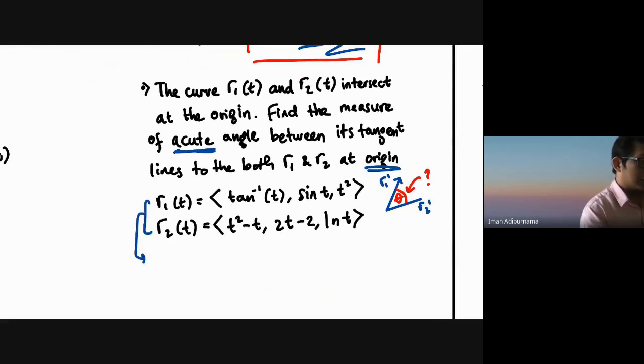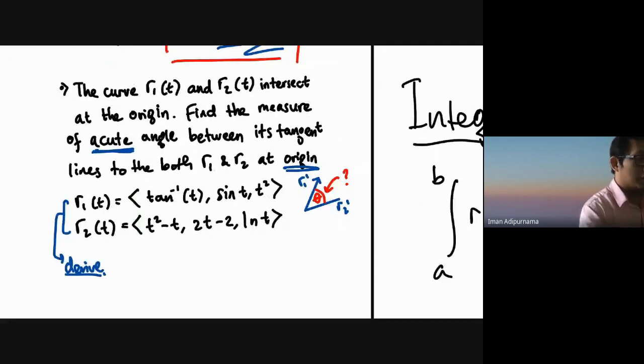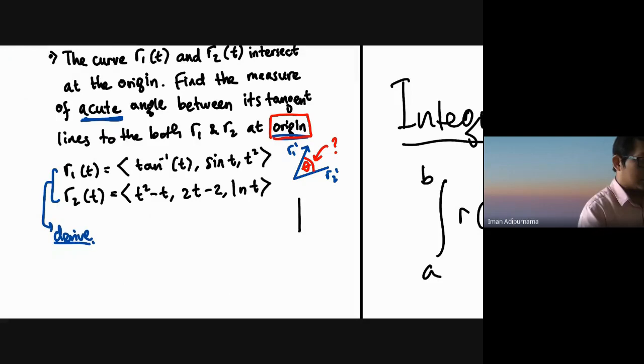So first find the derivative of this. Then you need to use the keyword origin. Origin is at this point.